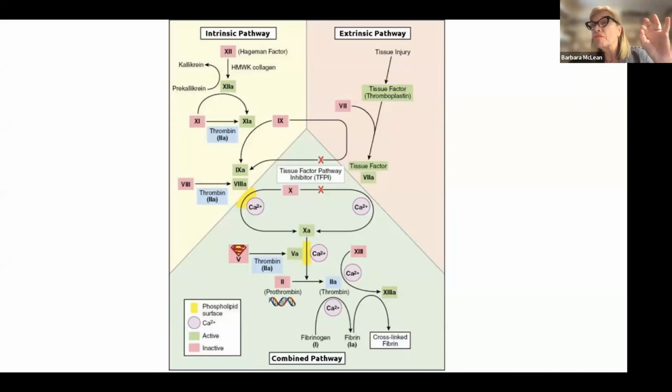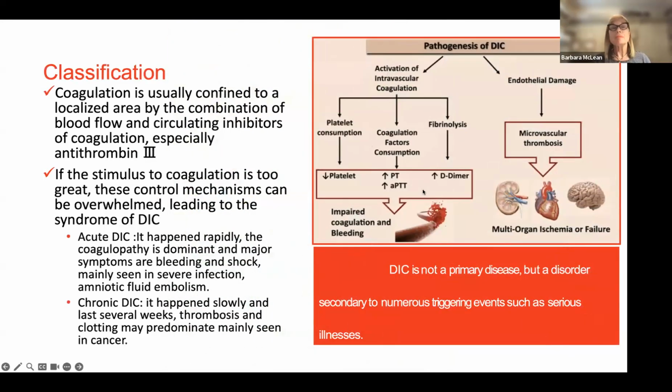That was a very simplified, very quick overview of the clotting cascade. But it's really important for us to appreciate, because DIC is not a primary diagnosis. DIC is a symptomatic or secondary response.